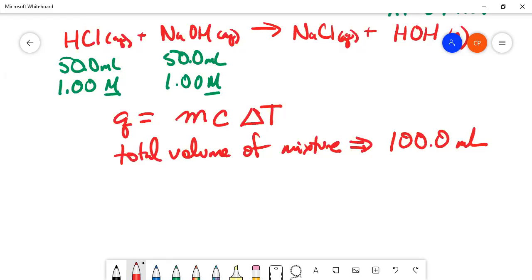What property of water tells me how much mass it has per milliliter? Y'all on Zoom can use the chat too. Grams per milliliter, mass per unit volume. What am I talking about?